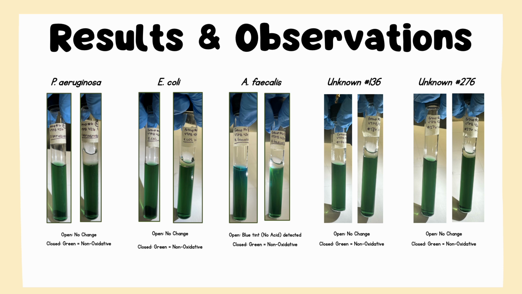However, for the closed A. faecalis, it was green, which meant that it was non-oxidative as well. For unknown 136, on open, we have no change present, and for closed, it was green, which meant non-oxidative. And lastly, for unknown 276, the open, we had no change, and for closed, it was green, which meant that it was non-oxidative as well.